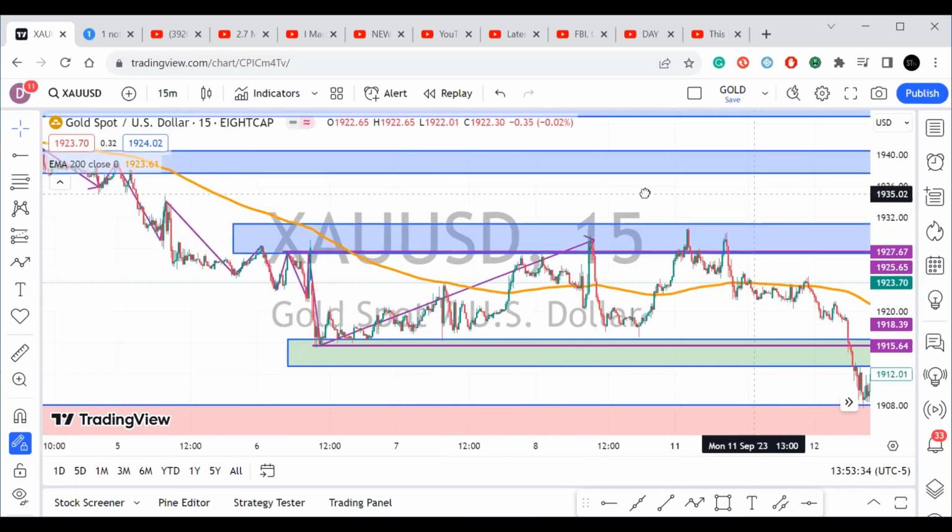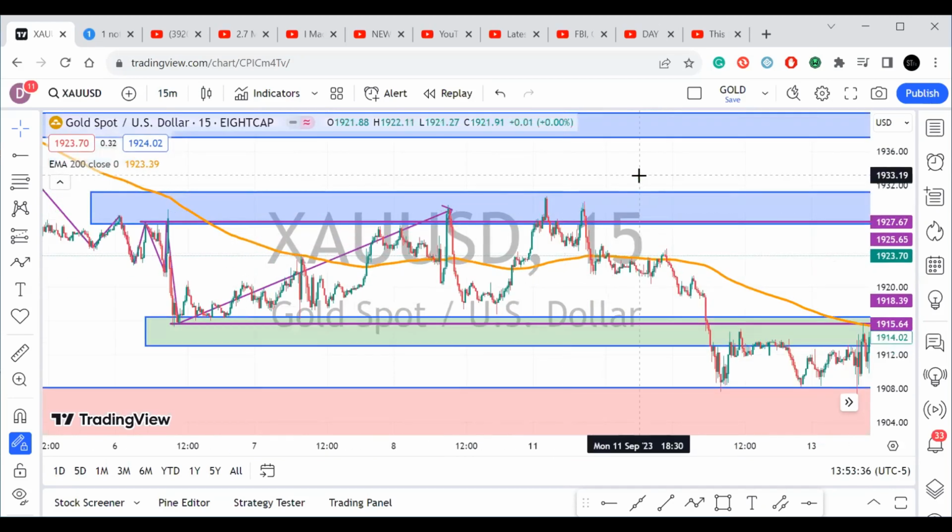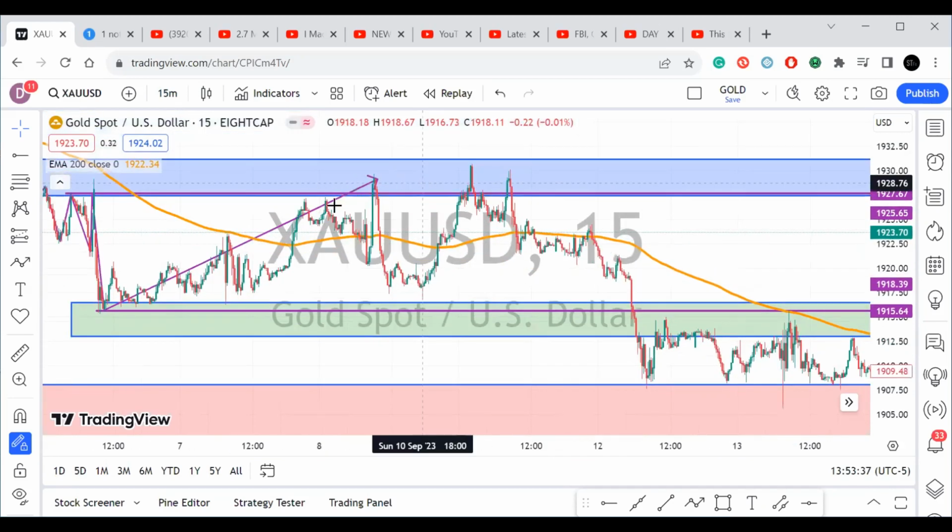But then you should already be paying attention. Whenever price comes to this zone, you observe your price action. So like I said, since our bias was sell at this time, you shouldn't even bother trying to catch the buys. You should focus on the sell trend.